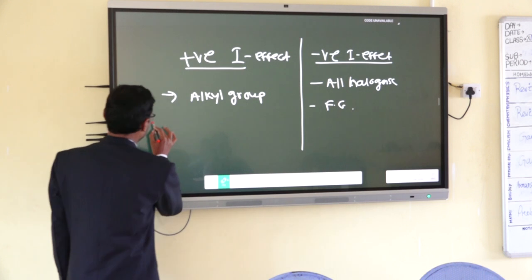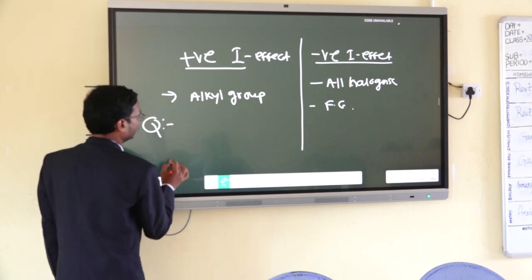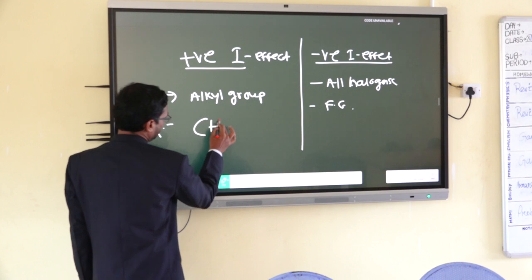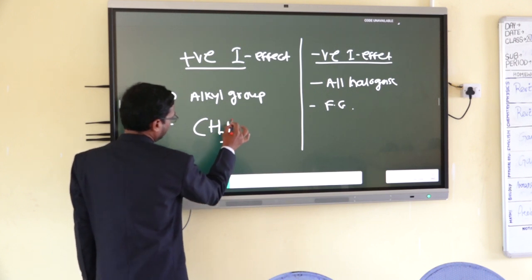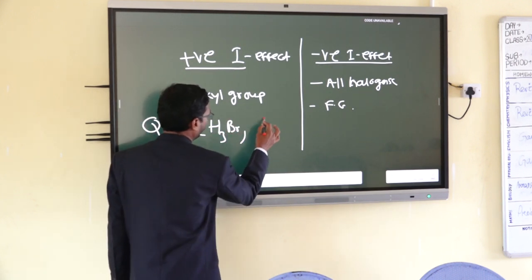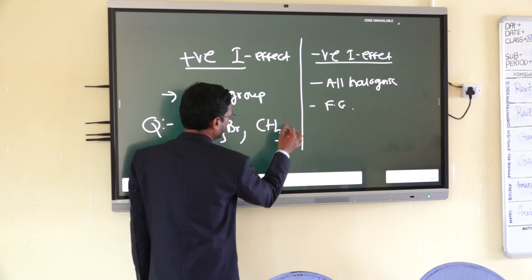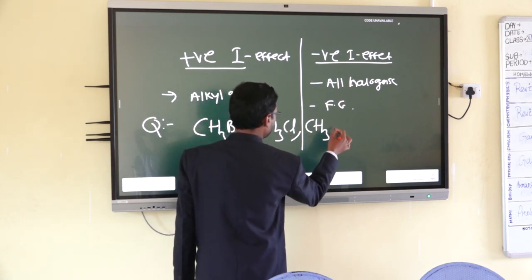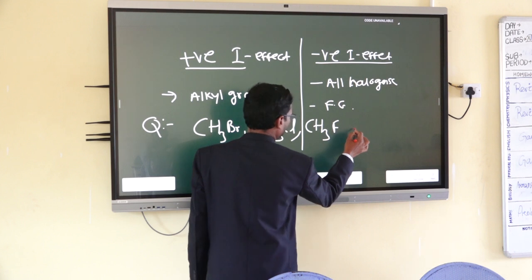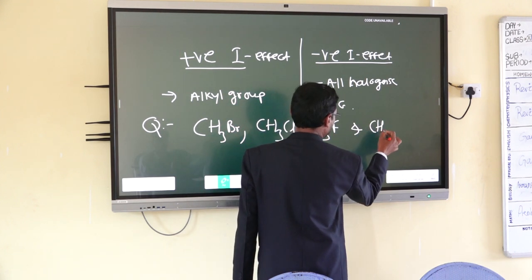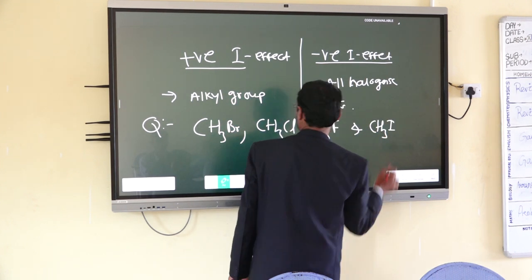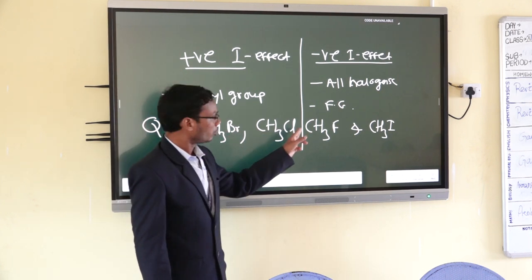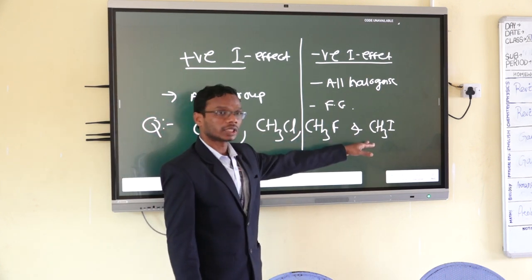Now, here is one question for you: CH3Br, CH3Cl, CH3F and CH3I. That means bromomethane, chloromethane, fluoromethane, iodomethane.